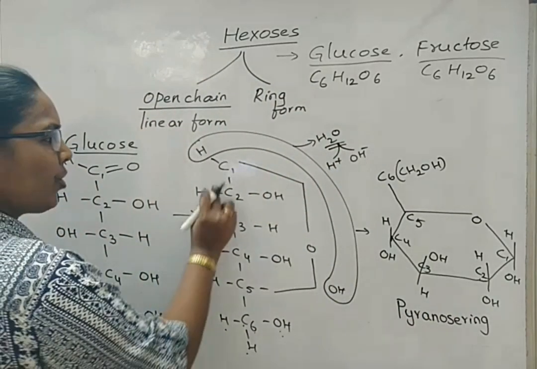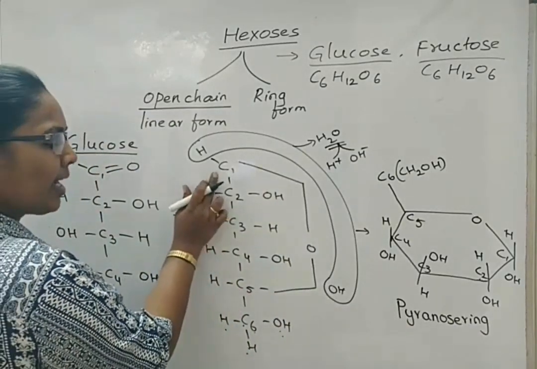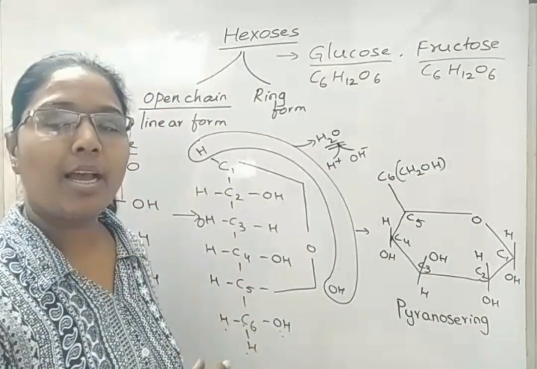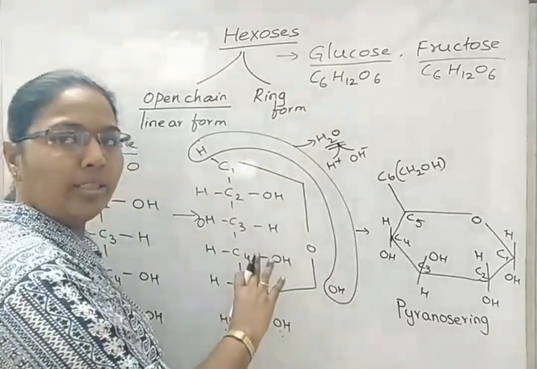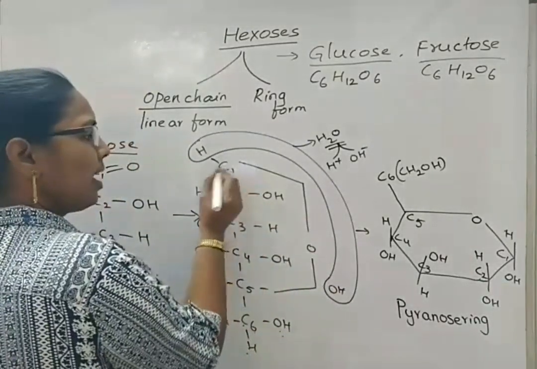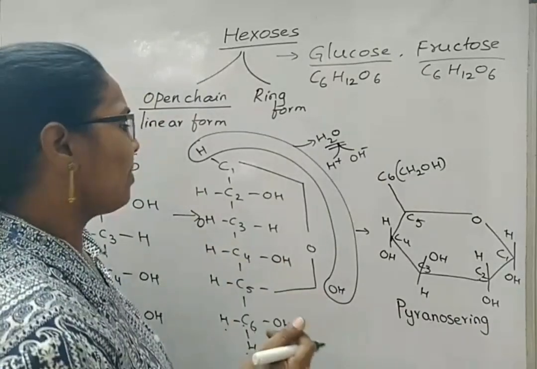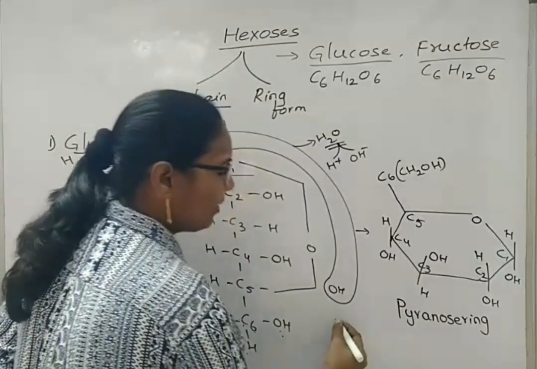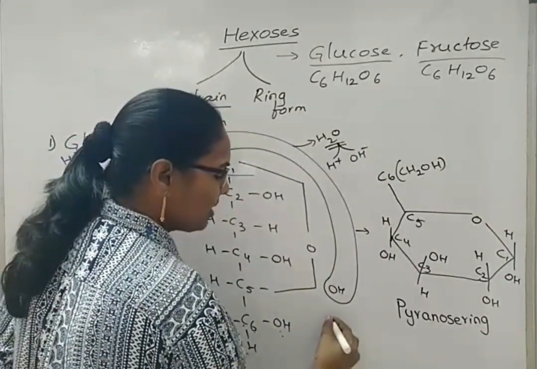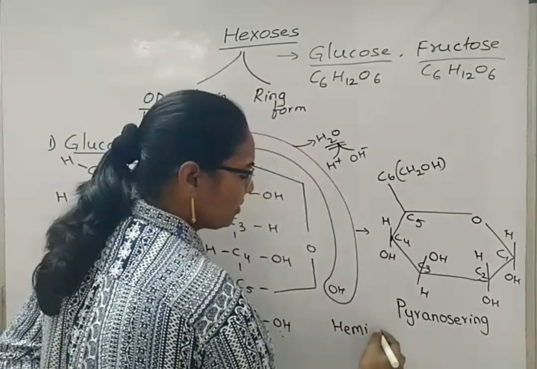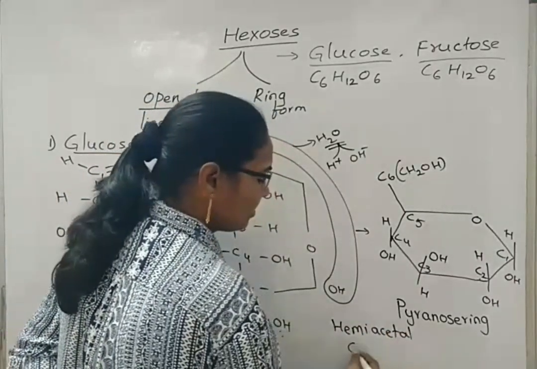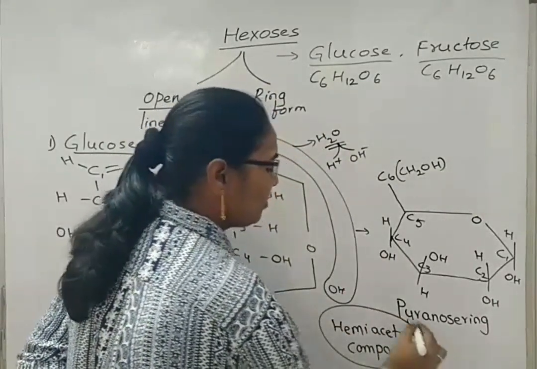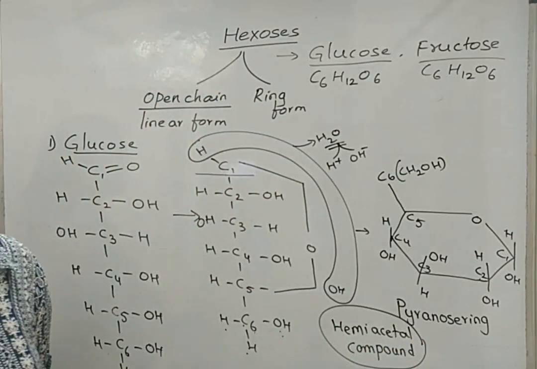Since the bond is formed within the molecule between carbon 1 and carbon 5, such compounds which have formed a linkage between them are called hemi compounds, but here this is an aldehyde group, so for the glucose molecule we call it a hemiacetal compound, since the carbon 1 position of glucose has an aldehyde group.